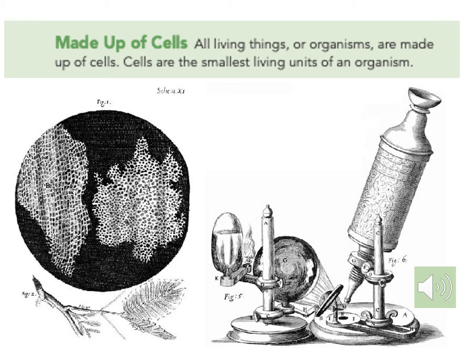He looked underneath the microscope and noticed that there were these boundaries, and he called these little cells, like jail cells. And so he kind of coined this word cell. A cell is the smallest living unit of a living thing.